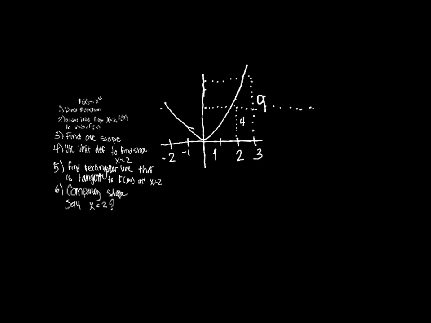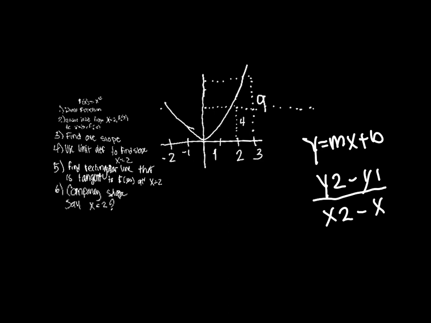So in order to find the average slope, we know that slope is y equals mx plus b. However, on this occasion, slope can also be defined as y2 minus y1 over x2 minus x1, x2 being 3 and x1 being 2, y2 being 9, and y1 being 4.